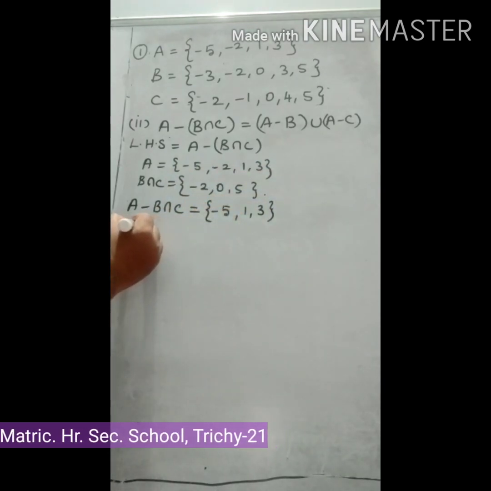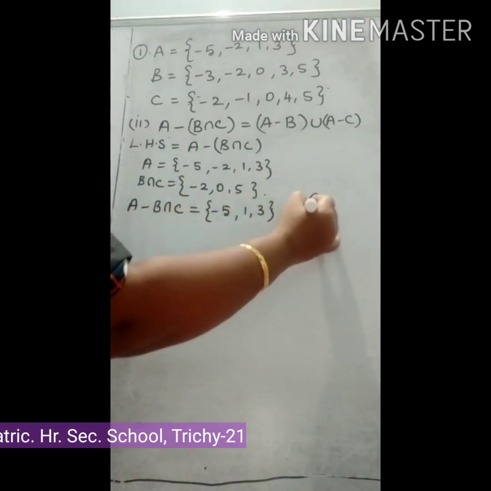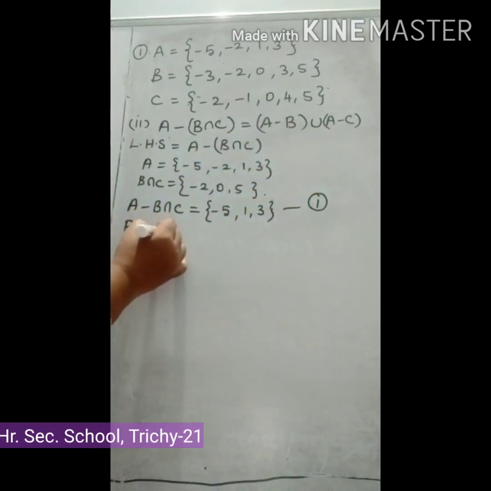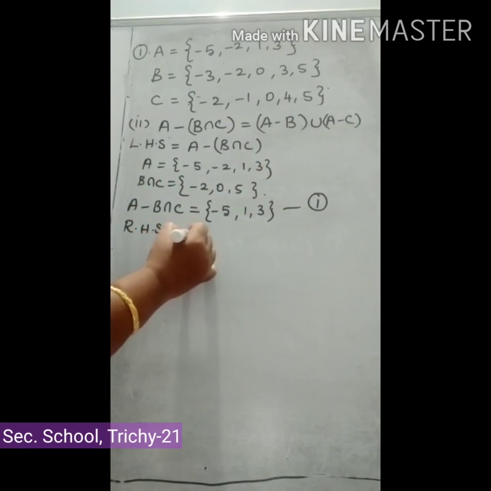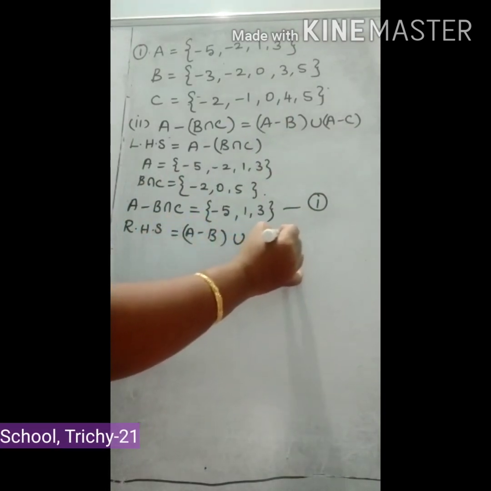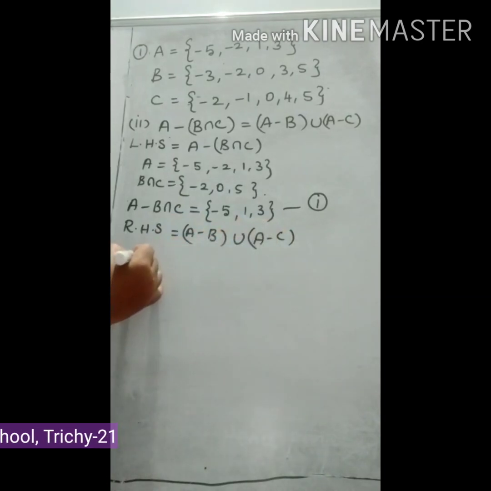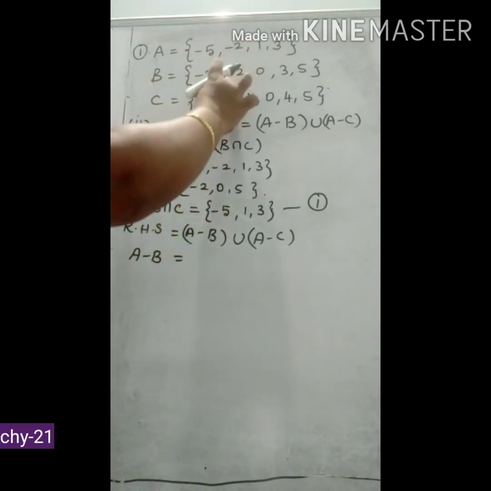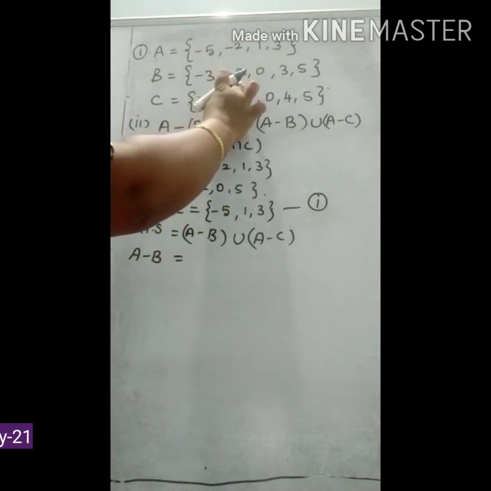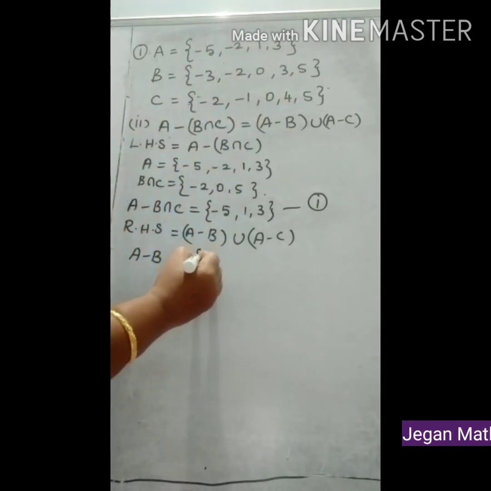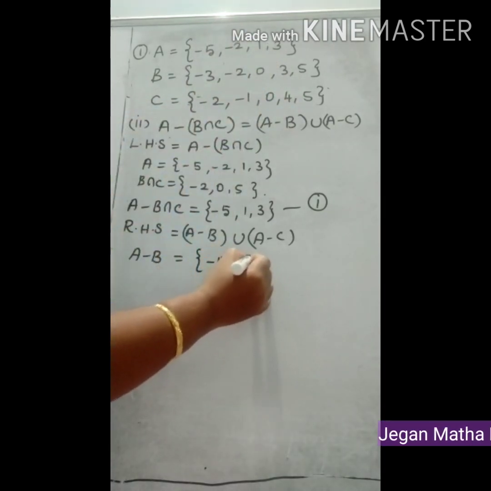And what is RHS? This is equation number 1. Let us take RHS. RHS is equal to A minus B union A minus C. First you have to find A difference B. A difference B means the common elements are minus 2 and 3, so the remaining elements are {minus 5, 1}.